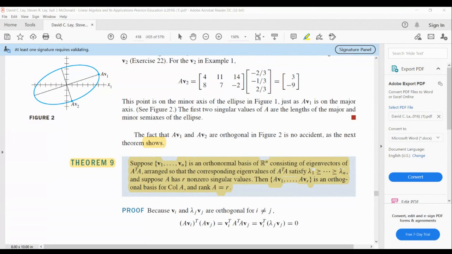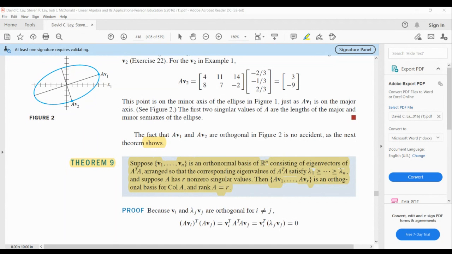So what this theorem says is, suppose that you have a basis of vectors that are eigenvectors of A transpose A, and you arrange the vectors so that the corresponding eigenvalues satisfy lambda 1 is greater than or equal to lambda 2, which is greater than or equal, and so forth. So you arrange the eigenvectors in descending order in terms of their values, and you're supposing A has nonzero singular values.